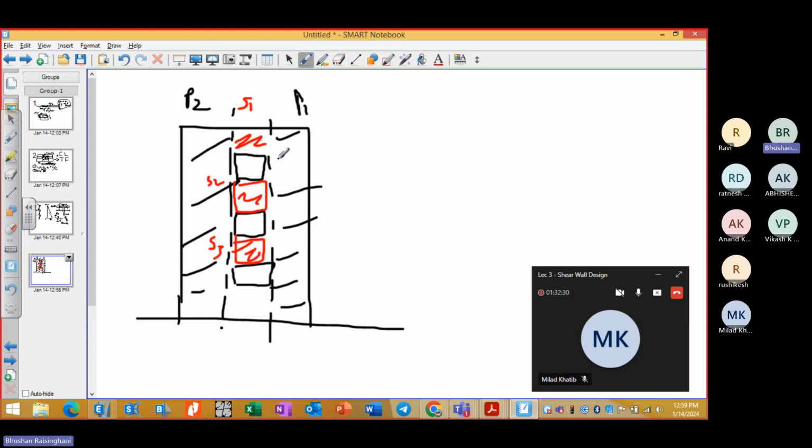So the definition of spandrel and pier is also not given in the IS code. You should refer the book of Jack Moyle. After the session, I will just message what is the size of the spandrel, how to differentiate between spandrel and pier. If this size is of quite different amount, it can also become a pier.